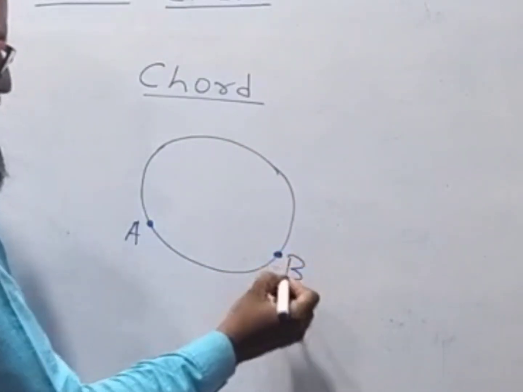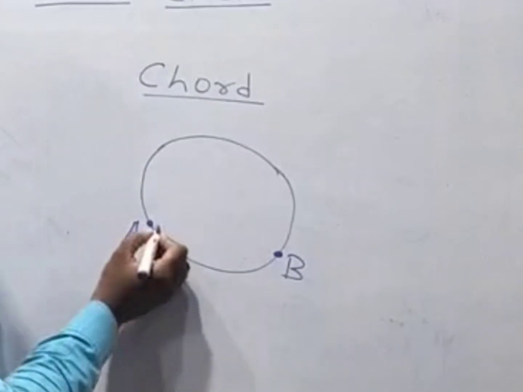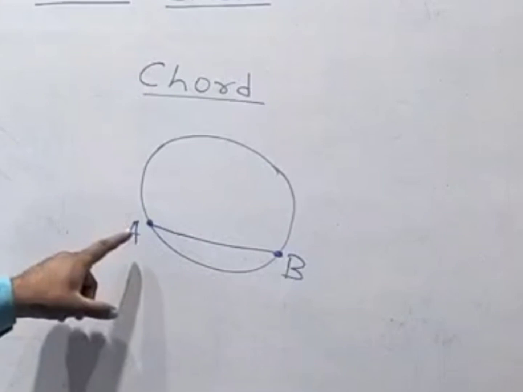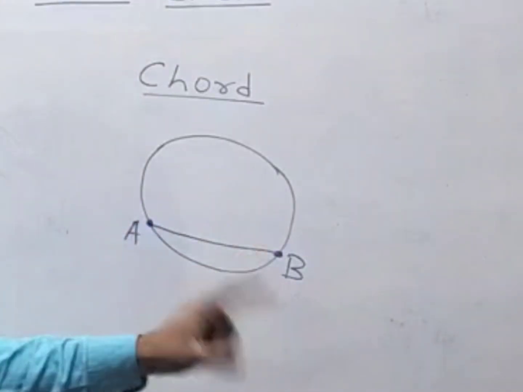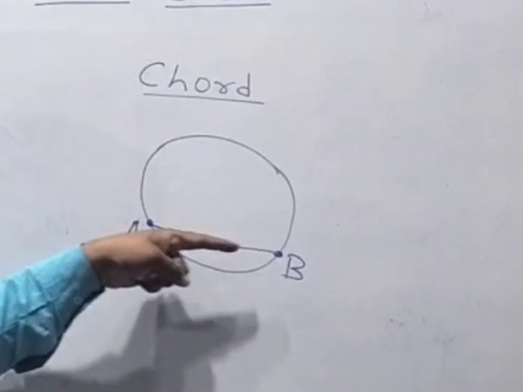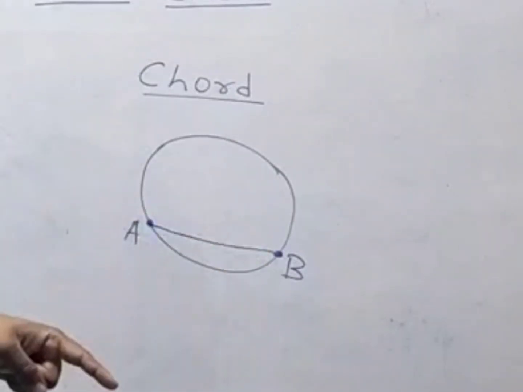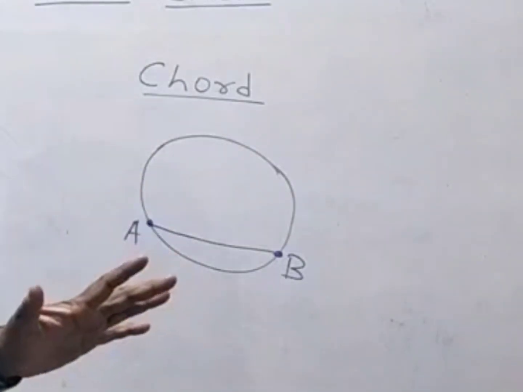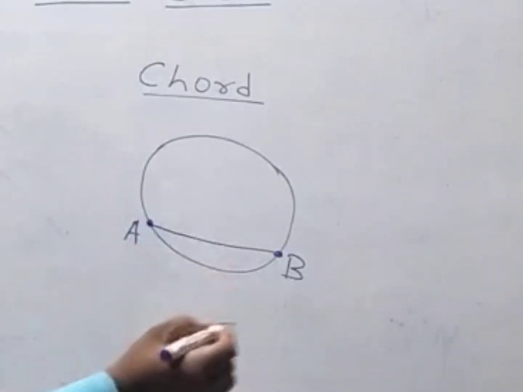Suppose this is the point B. If we join these points, then the line segment is formed. This line segment AB is called the chord of a circle. What is called? Chord of a circle.